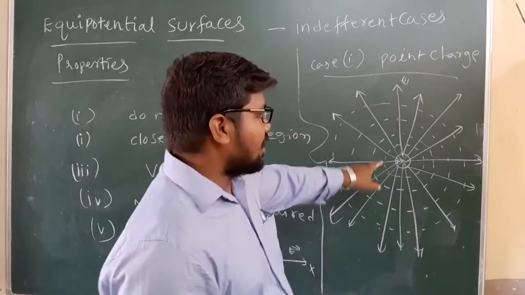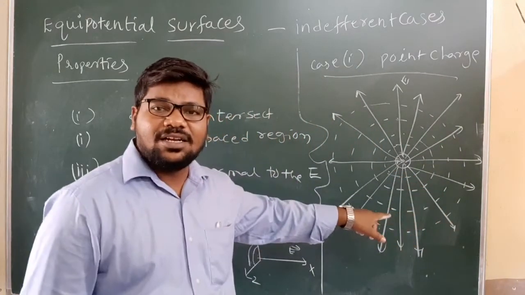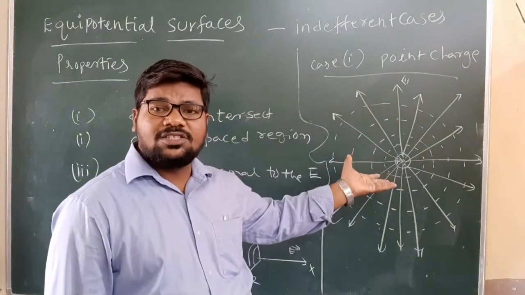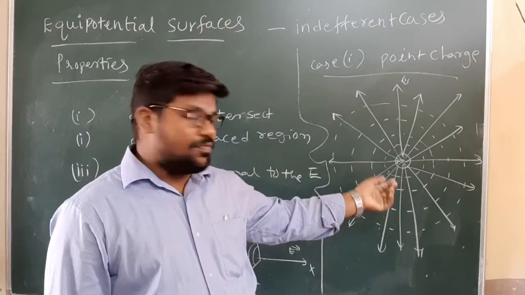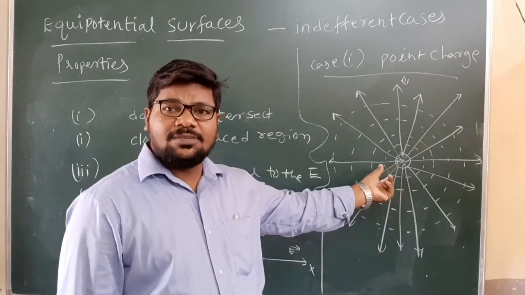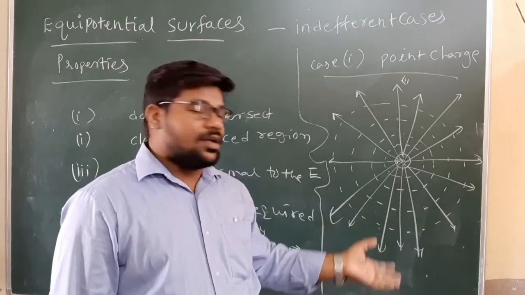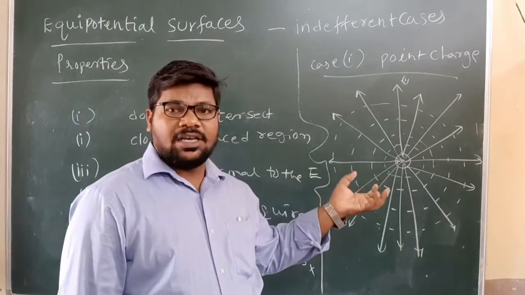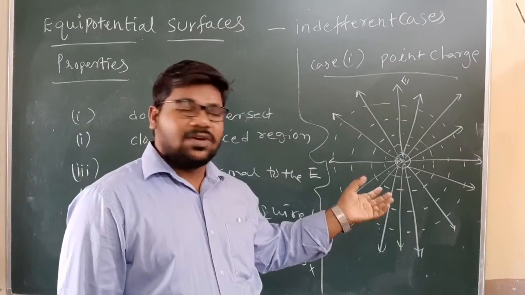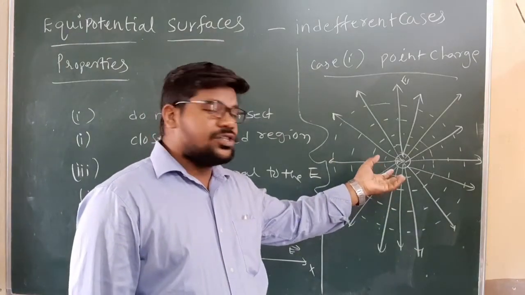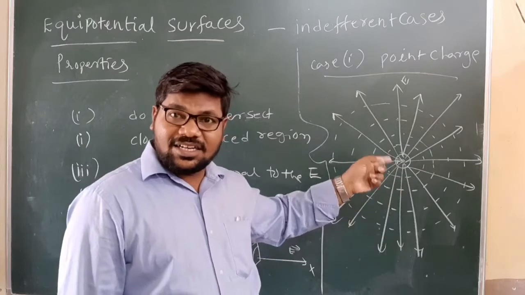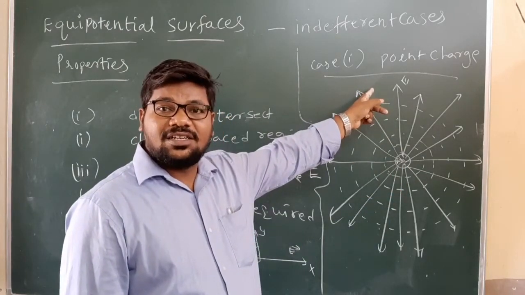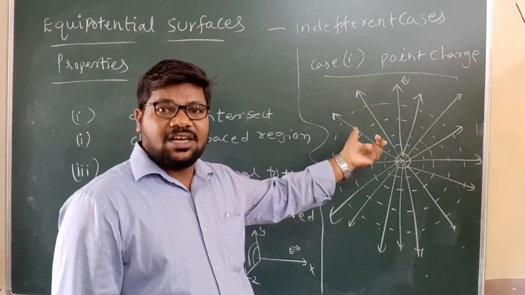We know that for a positive charge, the electric field is directed away from the charge, so it gives the electric field in all directions in the case of a point charge.